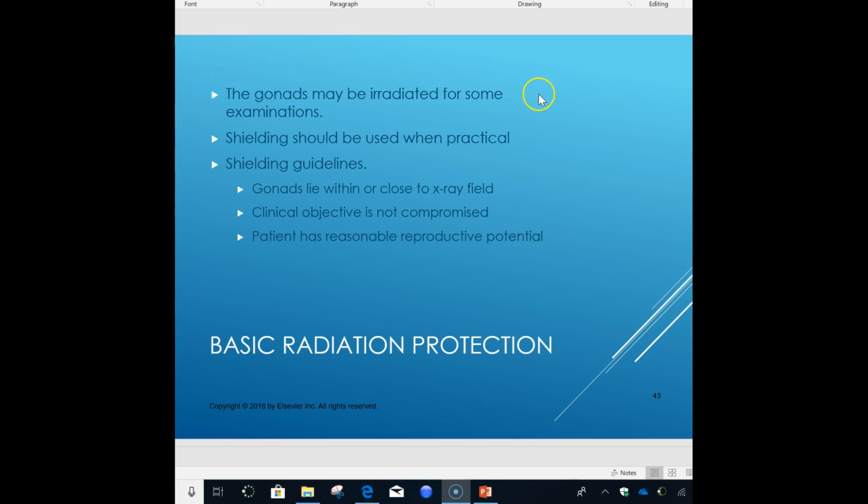So there's some instances that you may not be able to shield, but any time that you can shield, we recommend that shielding, if the clinical objective is not compromised. So you don't want to put the lead shield in the area of interest, because you won't be saving anything, because you'll have to repeat the x-ray if you do cover an area that needs to be visualized.